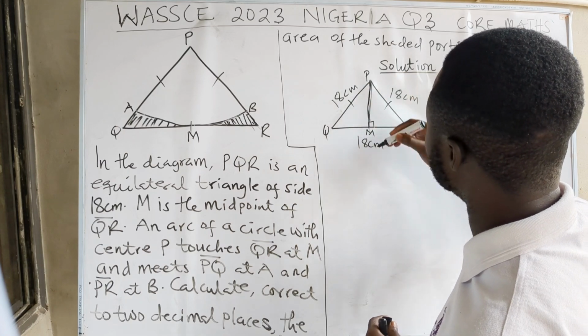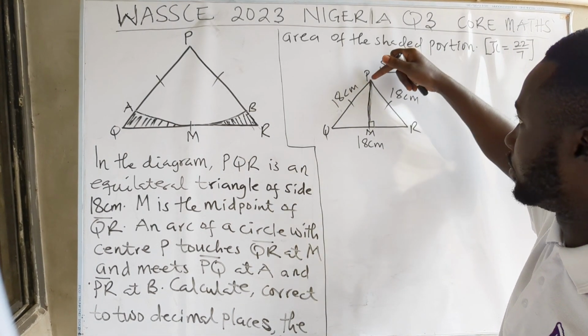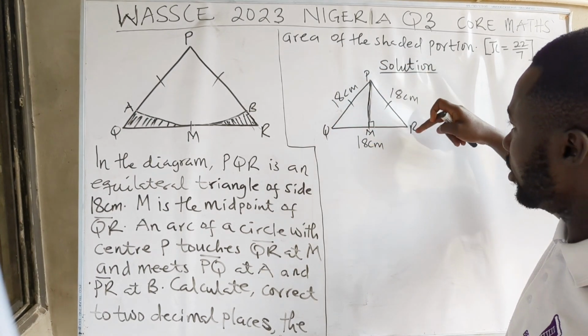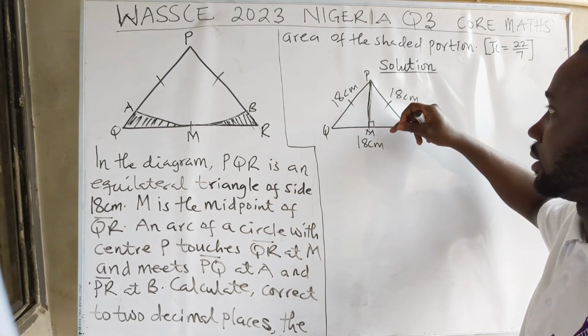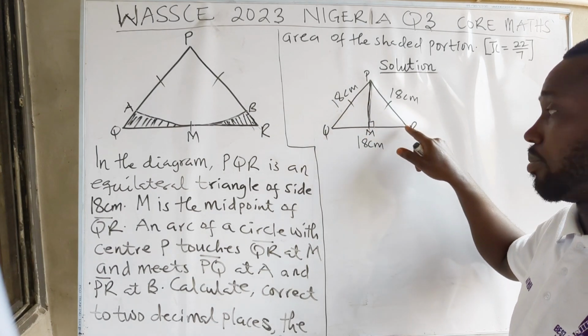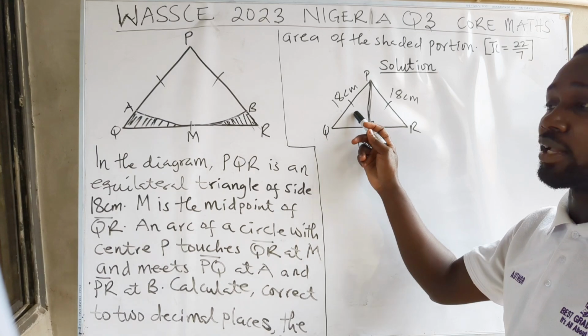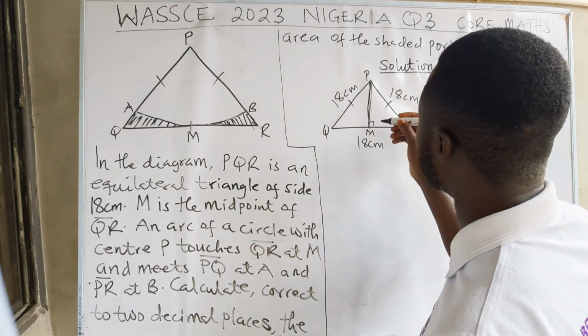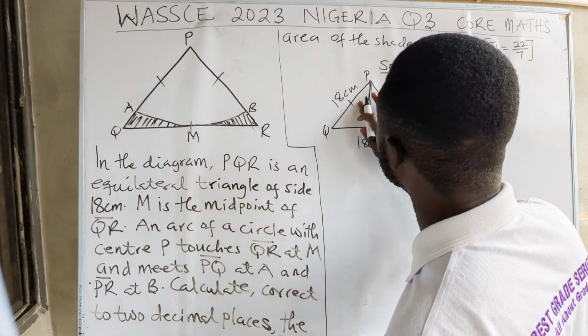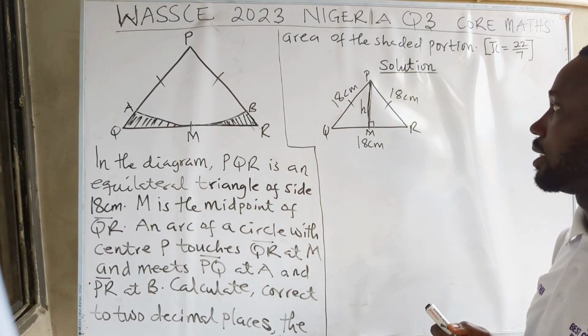So what we should know is that from the vertex here to the base here will be perpendicular. Since it will be perpendicular to the base, it will form a right angle triangle. So this side becomes a right angle triangle, this side becomes a right angle triangle, so that we can find the height of the triangle.